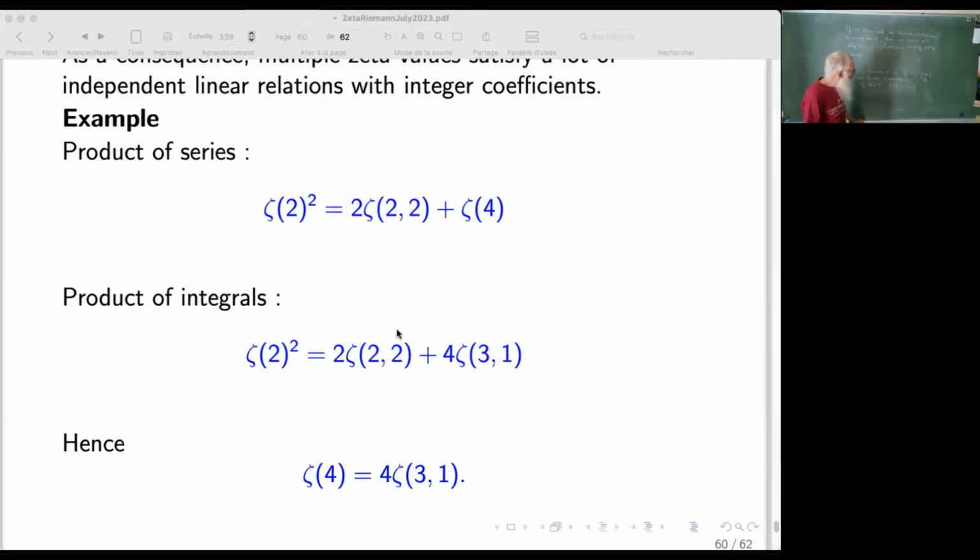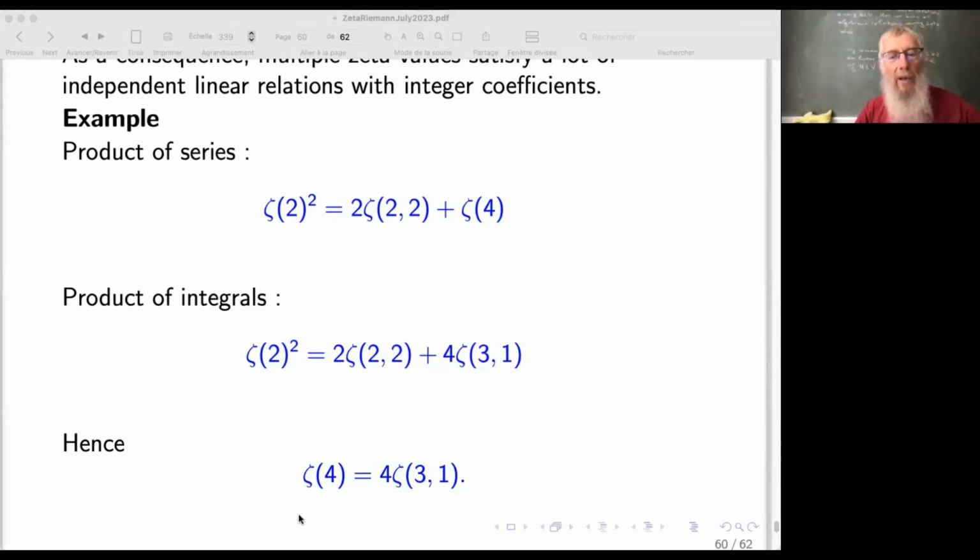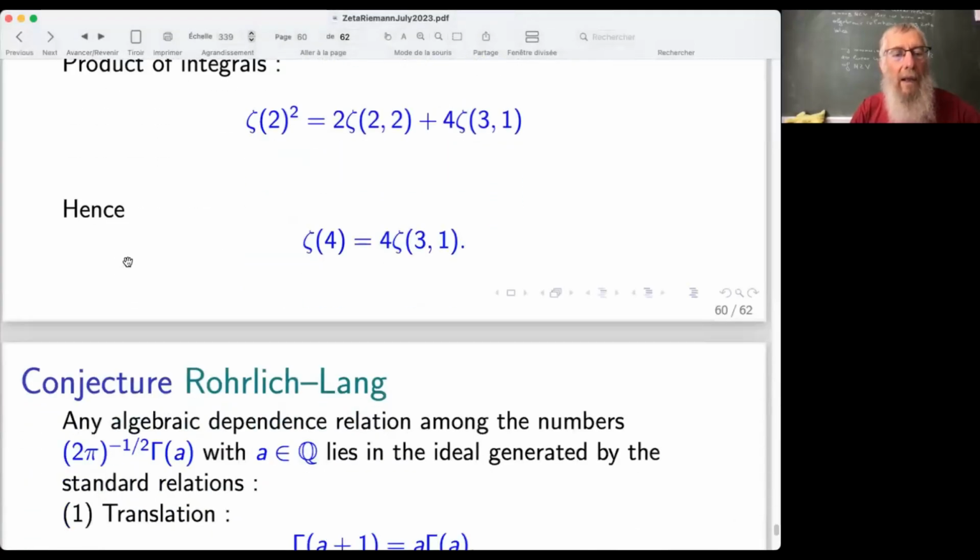And there is some work of many people, Zagier, Brown, and others, which give the conjectured dimension of the linear space. Okay, so I will just add one slide.